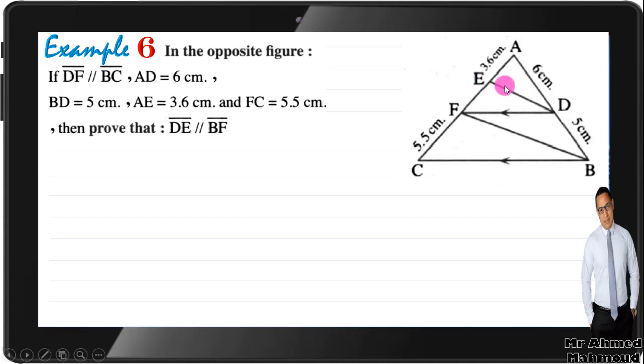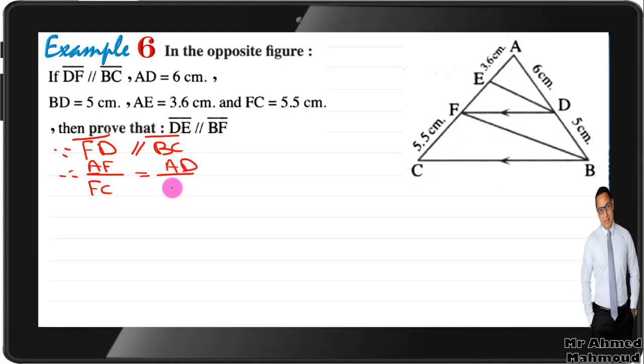By using triangle ABC, FD is parallel to BC, so AD over DB equals AF over FC. Since FD is parallel to BC, therefore AF over FC equals AD over DB.